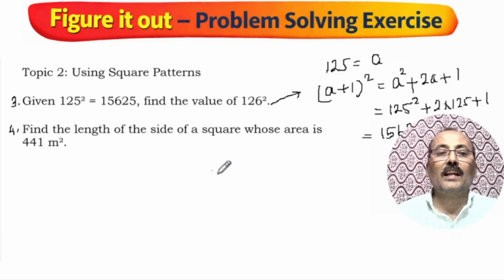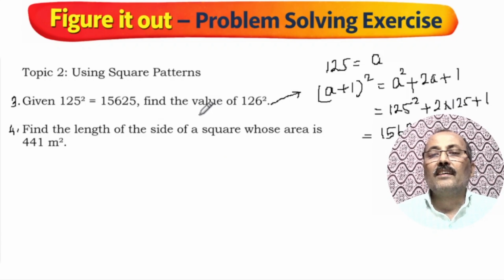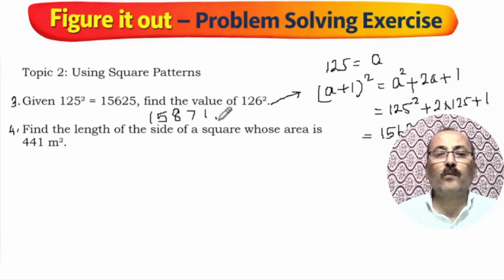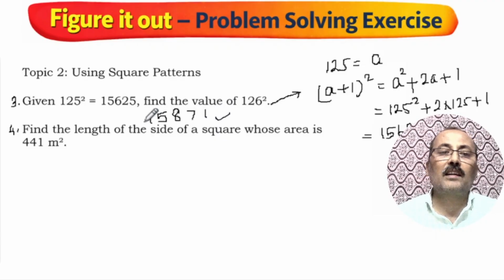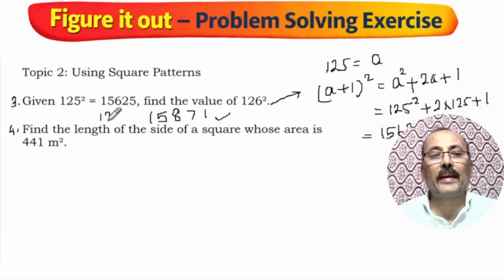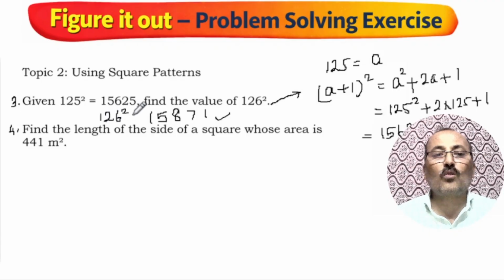So now the total answer is 15871 for 126 square.